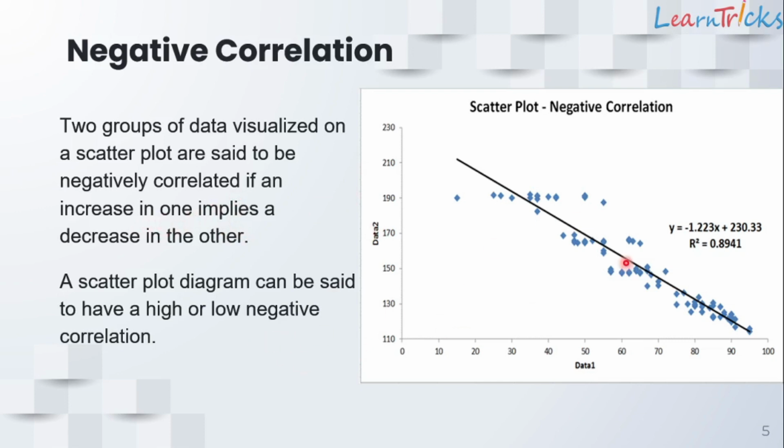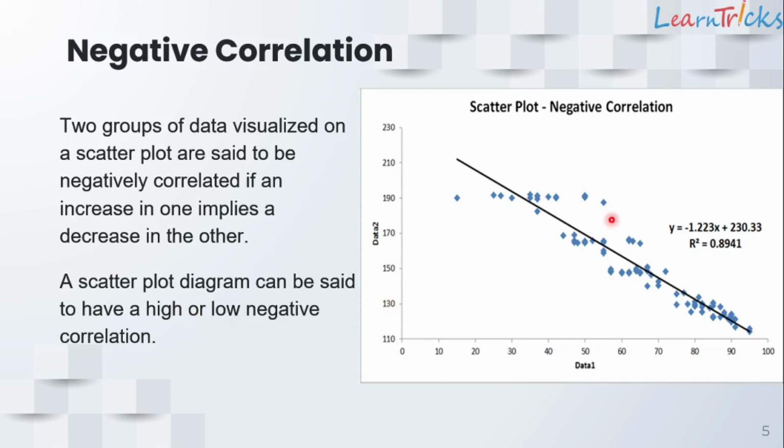Also, the relationship can be highly negative or low negative correlation, right? So here the plot shows the negative correlation as well as the regression line or the correlation line. By finding the slope of that correlation line, we can find out whether the relation is high or low, right?